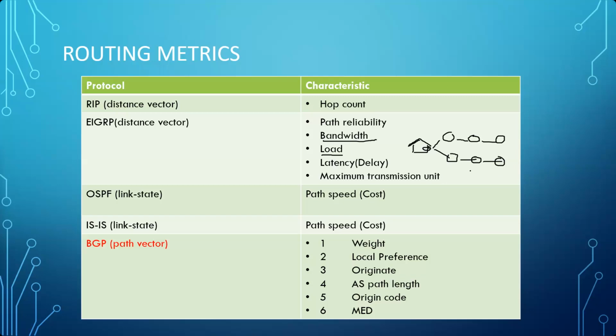Let's say I have a delay of like 7 milliseconds, and the delay here is only 3 milliseconds. Oof, that's a big S. All right, so that would be the path we take.